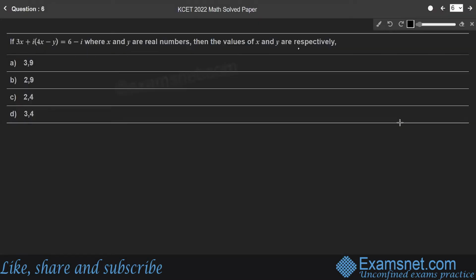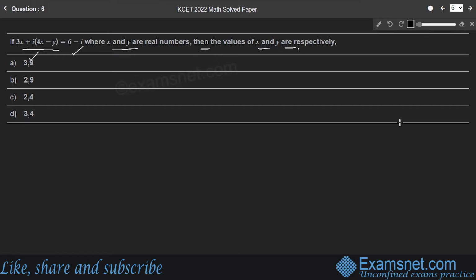Question 6. If (3x plus i) into (4x minus y) is equal to 6 minus i, where x and y are real numbers, then the values of x and y are respectively. Here we have two complex numbers which are equated.